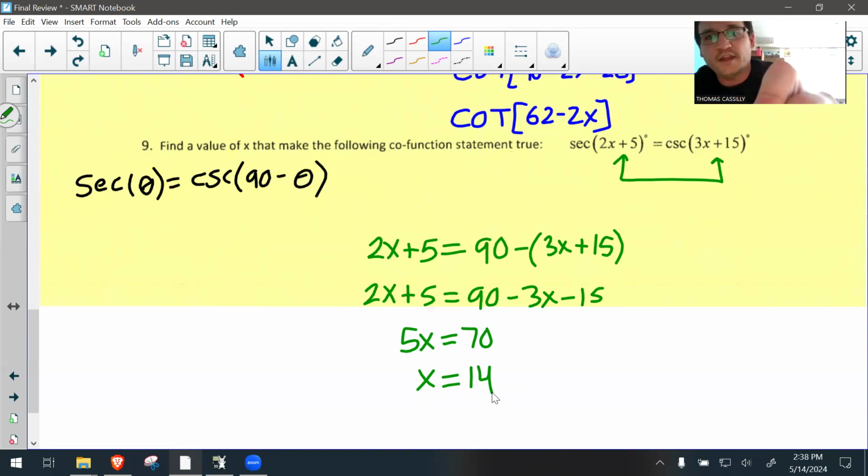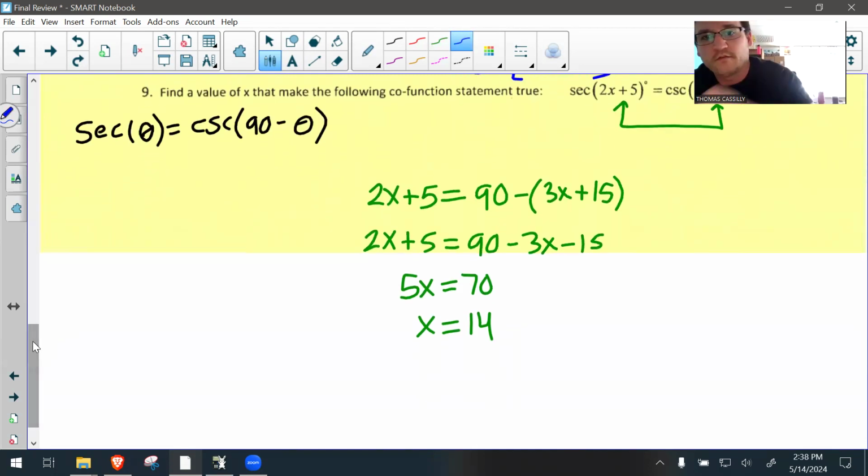So if I wanted to confirm this, we'd say the secant of 2x plus 5 is 14 times 2, 28 plus 5, which gives us 33.